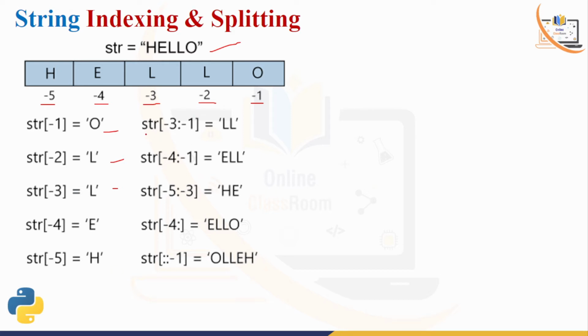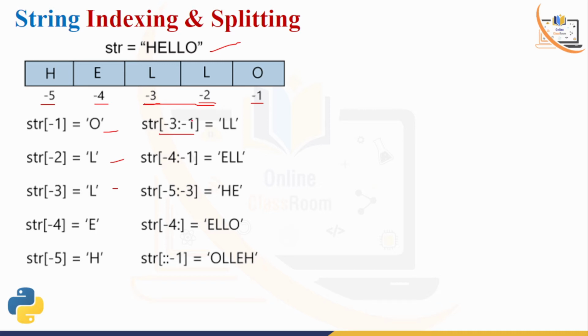If we write the code like -3 colon -1, it will print up to -2. It means it will print from the index value of -3 up to the index value of -2.